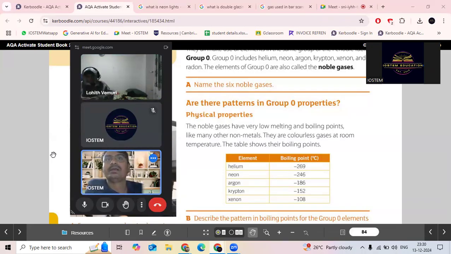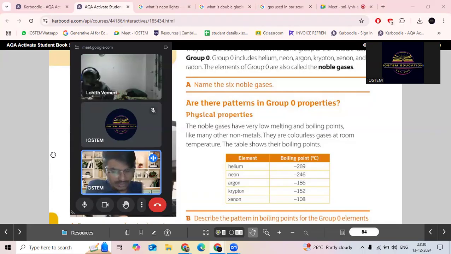A neon light is simply a tube filled with neon gas. If we supply current to it, it glows like anything. That's why neon light is very, very bright. So neon, argon, then krypton, and then xenon.